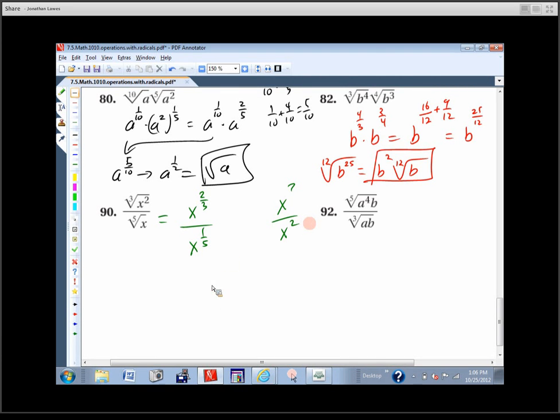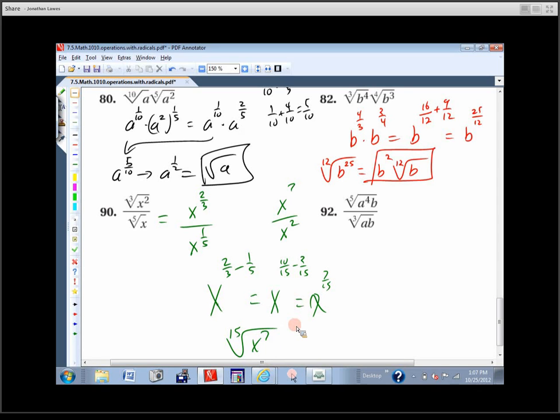So the answer on this problem ought to be x to the 2/3 minus 1/5. Got to get a common denominator here. 15. So 10 fifteenths minus 3 fifteenths. Whoops. 7 fifteenths. So that would be the 15th root of x to the 7th.